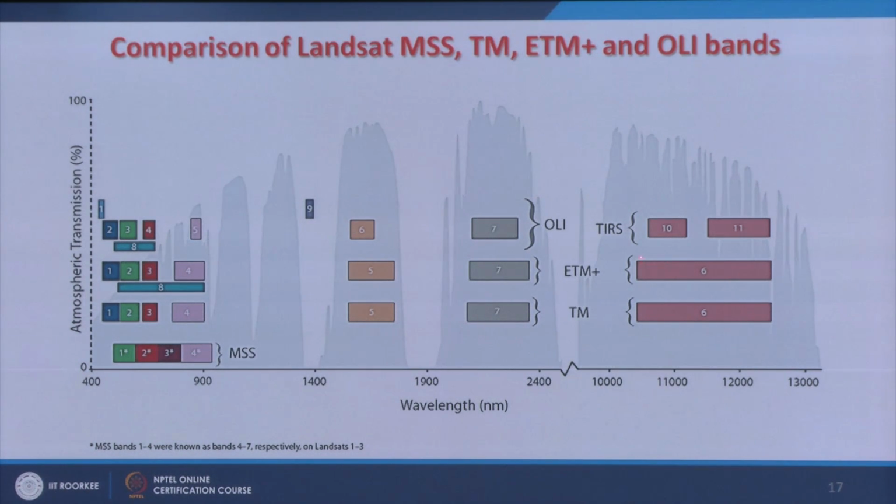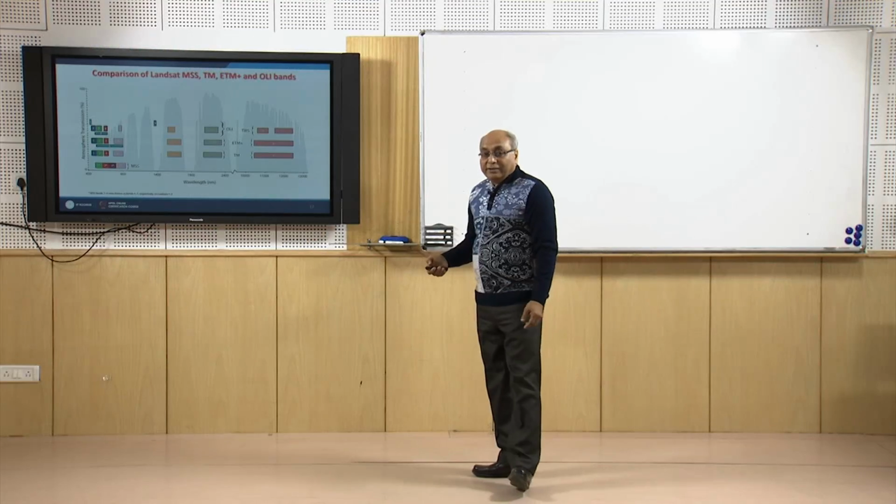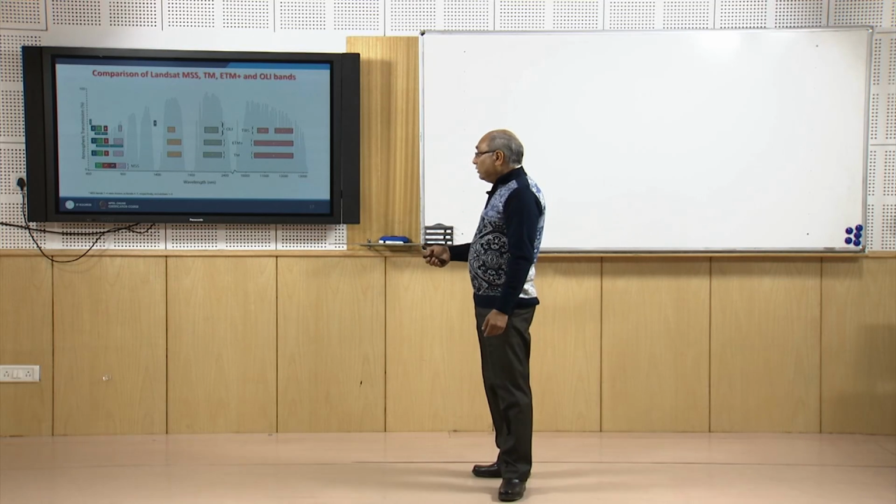Instead of having one thermal band as the 6th band in ETM plus, which was very broad, it now has 2 bands. So in a relative sense, we would say that the Landsat 8 OLI series has higher spectral resolution as compared to Landsat 1 MSS, because the number of bands has increased.